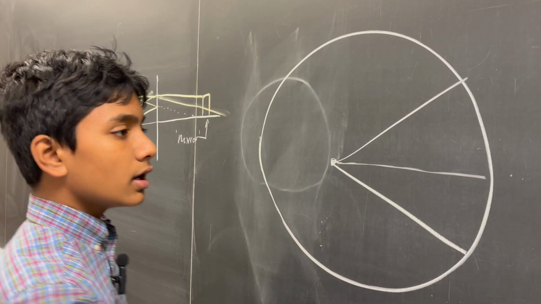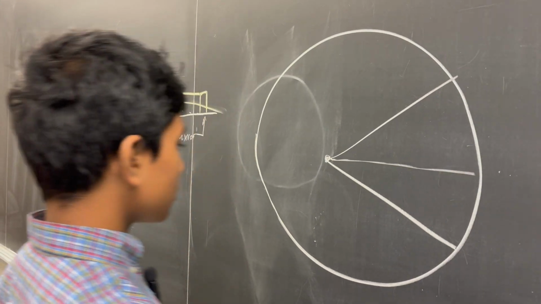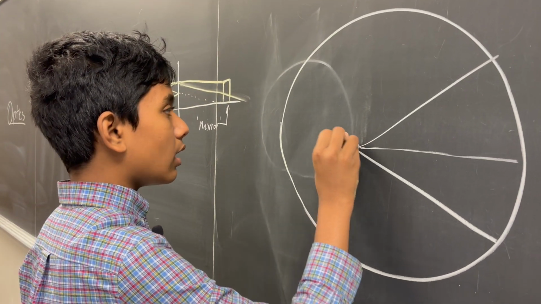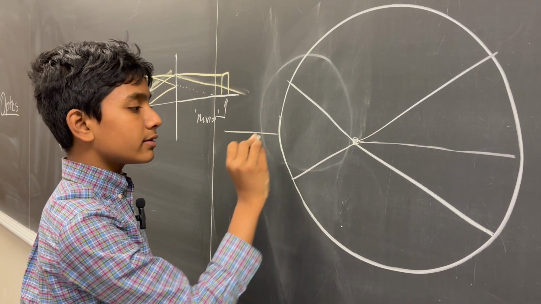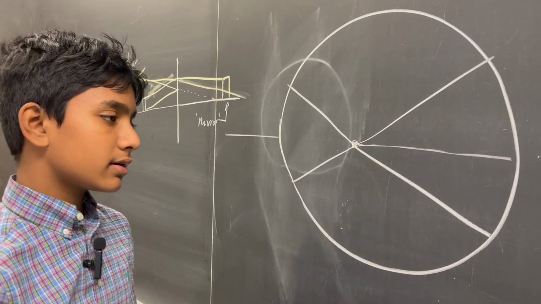This is what a concave mirror looks like. While if I were to go on the other side, this is what a convex mirror would look like.